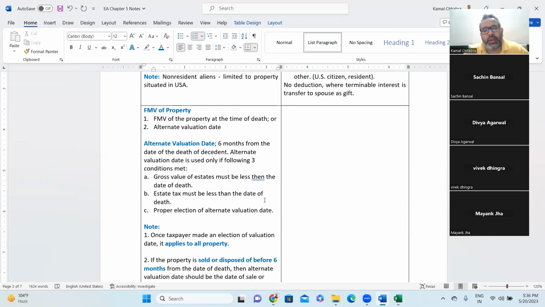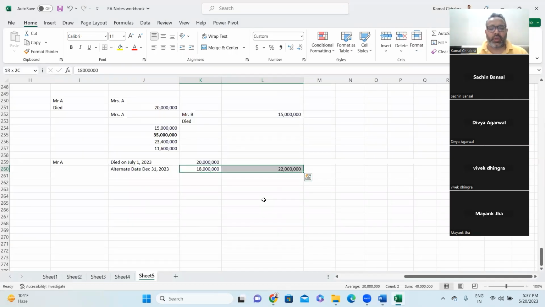That means you need to properly disclose in the filing of your estate tax return whether you have chosen the original date or the alternate date. And the crux of the story is, if the alternate date gives you a lesser value of the estate, only then will you select the alternate date. Yes or no? So in this scenario, if it is $18 million, only then will you select it, otherwise not.